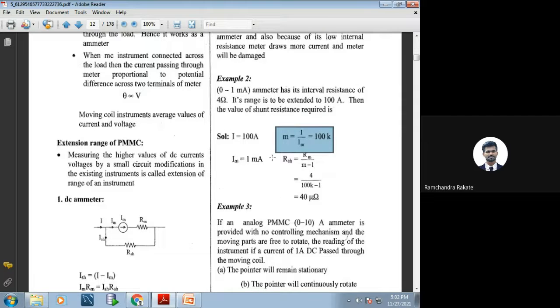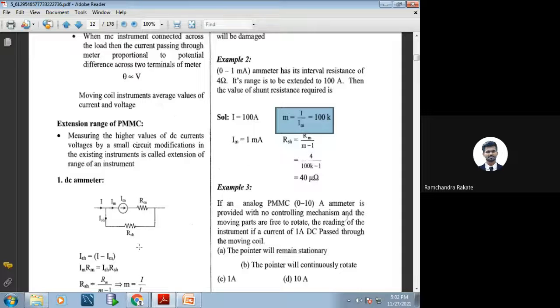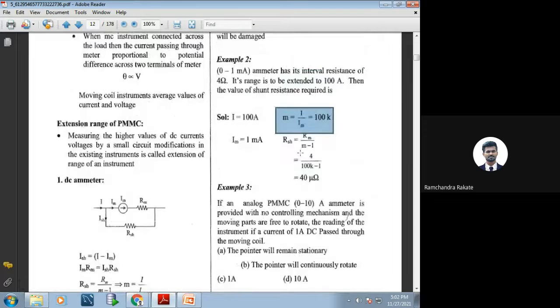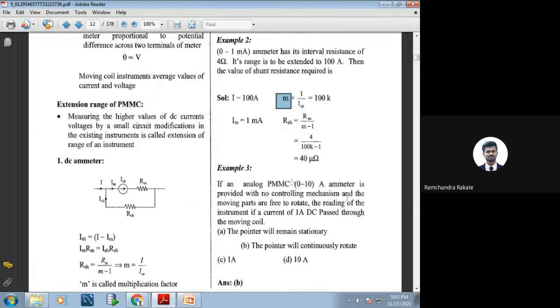RSH is Rm upon M minus 1. Rm is given as 4 ohm, upon M minus 1, that is 100k minus 1. So the value comes to 40 micro ohm. This is the value of the shunt resistance.